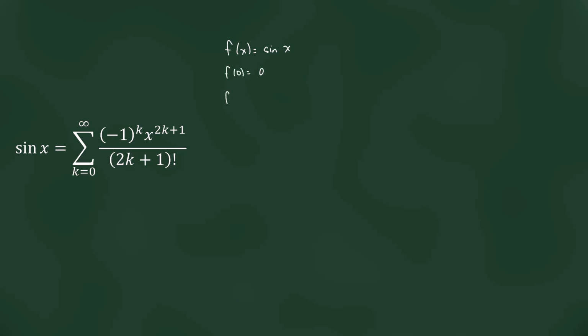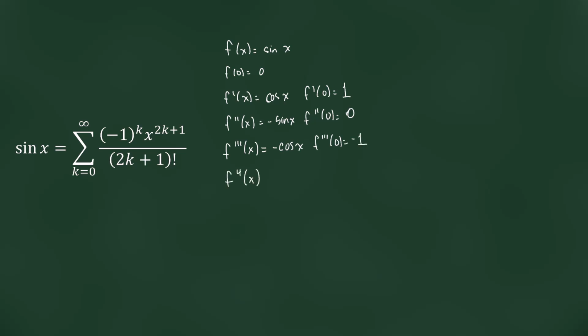We know that f prime of x is the cosine of x, which means that f prime of 0 is 1. f double prime of x is the negative sine of x, so that f double prime of 0 is 0. f triple prime of x is the negative cosine of x, so that f triple prime of 0 is negative 1.